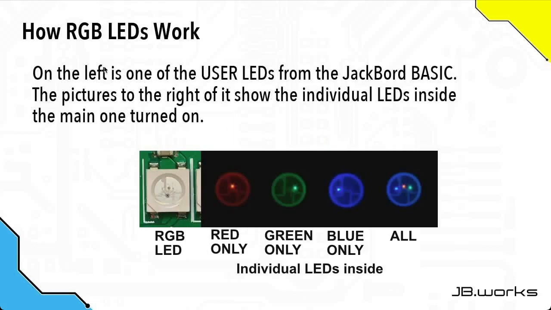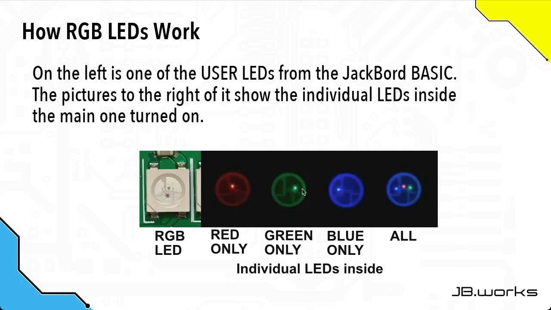Now here on the left, this is one of the RGB user LEDs on the JackBord BASIC. Basically, each individual RGB LED, which is this one here, actually contains 3 individual LEDs. You have a little red one, a little green one, and a little blue one.